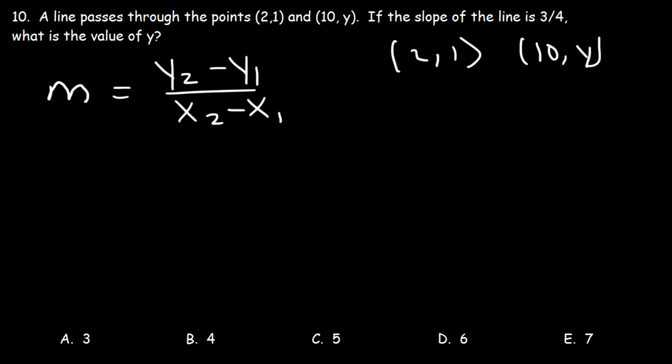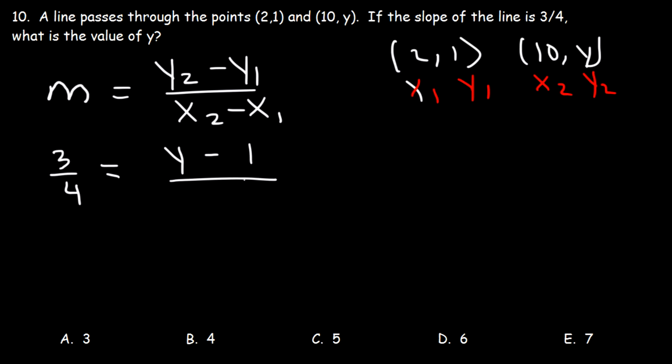So we could say that x1 is 2 and y1 is 1, x2 is 10 and y2 is y. M is the slope, which is 3/4. y2 is y, y1 is 1, x2 is 10, x1 is 2. So we got to find the missing value.